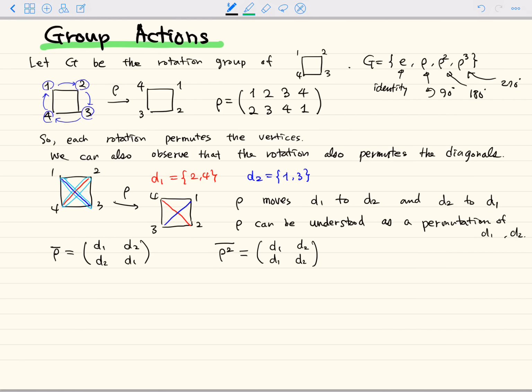And we want to consider this kind of situation in general. So we want to define the following. This is a definition. G is a group, and X is a set.